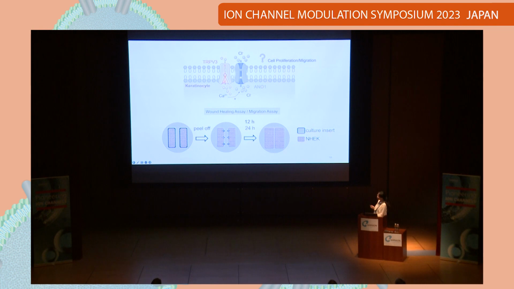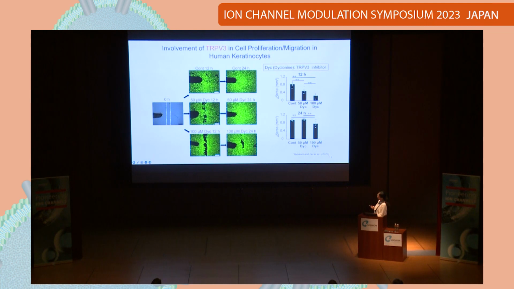The images were captured at 12 and 24 hours after peeling off these two chambers. We first examined the contribution of TRPV3 by using its inhibitor dyclonine, and the cell migration was inhibited by 50 micromolar dyclonine at 12 hours and by 100 micromolar dyclonine at both 12 and 24 hours, suggesting the involvement of TRPV3 in cell proliferation and migration in human keratinocytes.